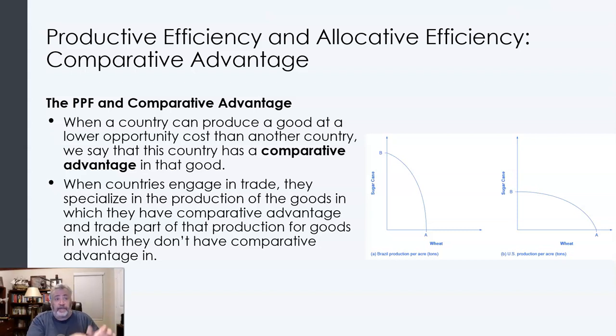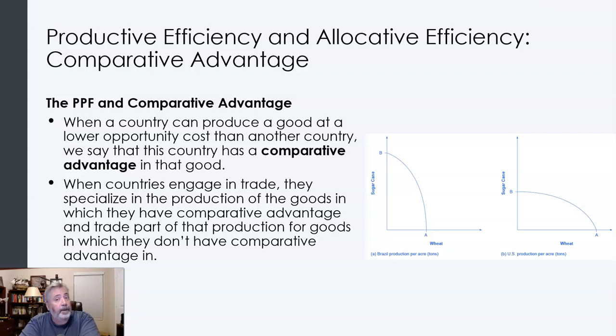A country is said to have an absolute advantage when it can produce more of a good, right? So in this case, America has an absolute advantage in wheat, and Brazil has an absolute advantage in sugarcane production. They're clearly producing more sugarcane than America is. Again, assuming that our axes have the same scale, the sugarcane that Brazil is producing is almost twice what the U.S. is producing, and likewise for wheat production in the U.S. relative to Brazil's production, almost twice.